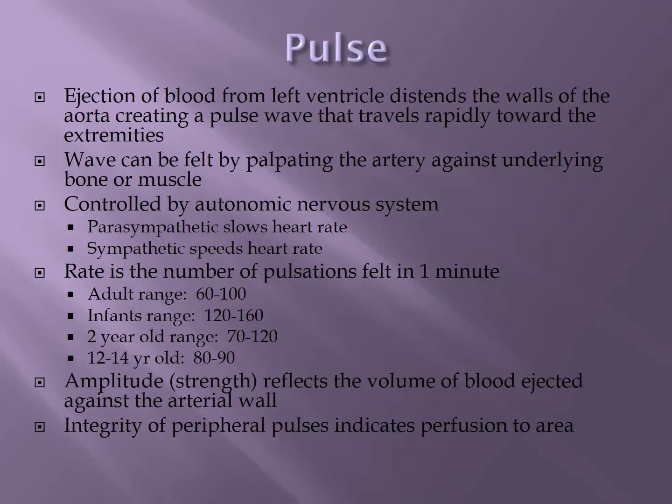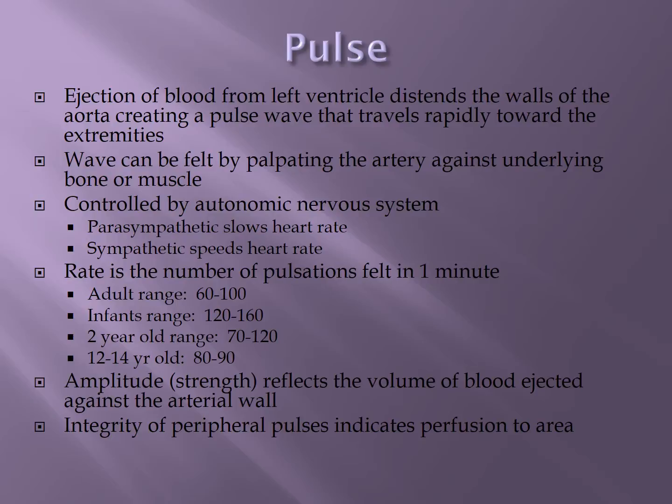Now, one very important thing that we assess is the amplitude, or the strength that we're able to feel, because that is really telling us very important information about what is going on in the heart. Normal amount of blood that is ejected in one heartbeat is known as the stroke volume.